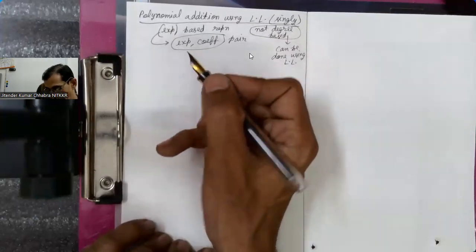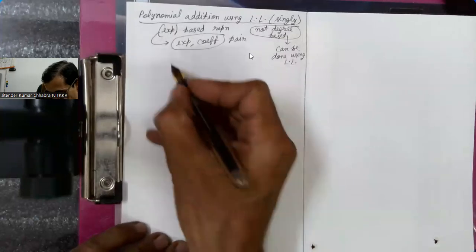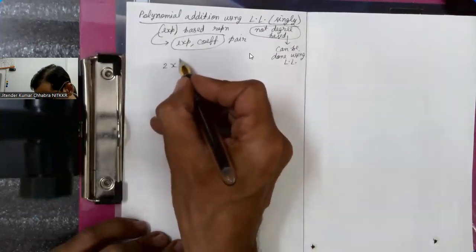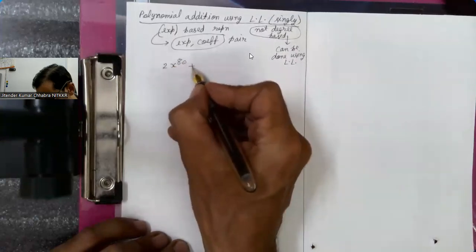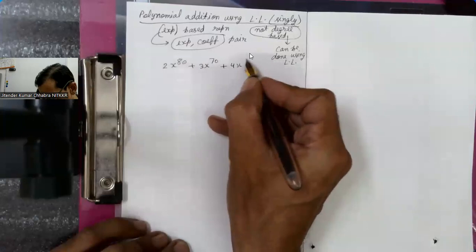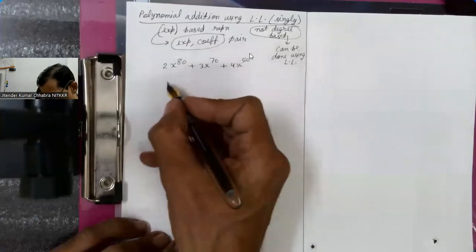If I say polynomial addition using linked list, for example, if I have a polynomial, let's say 2x raised to 80 plus 3x raised to 70 plus 4x raised to 50, that is one polynomial.